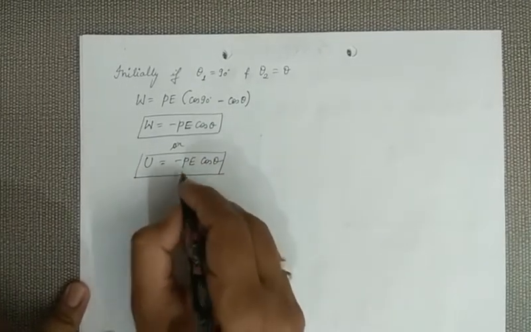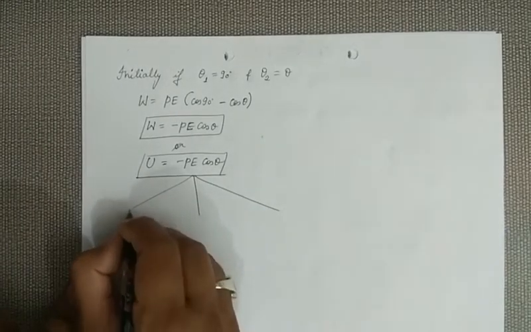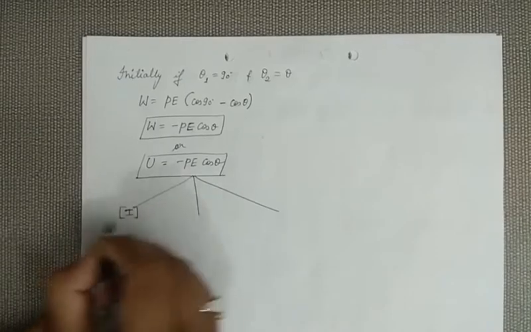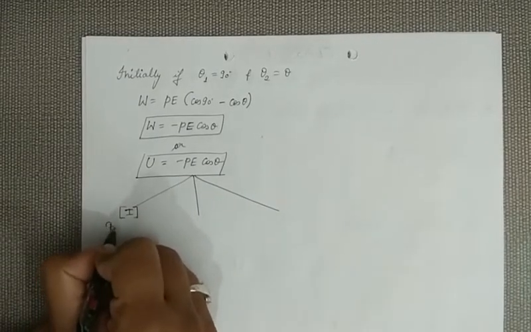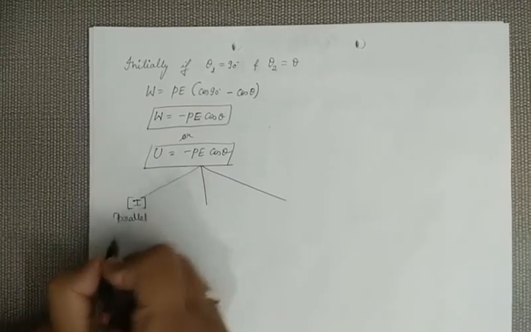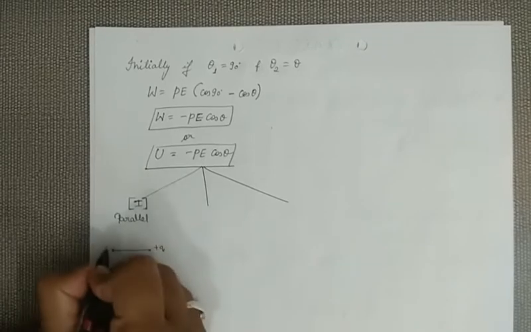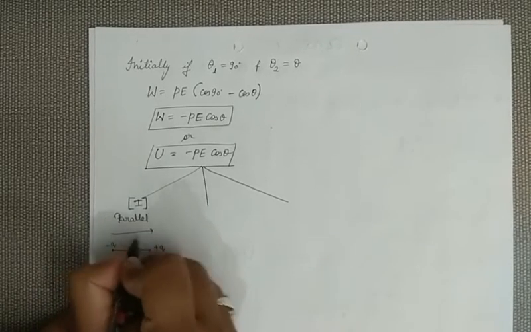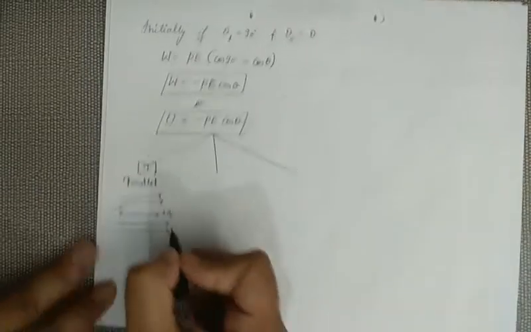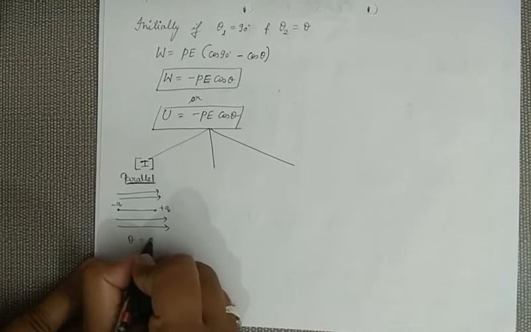So there are three things related to this formula. First condition, if the dipole is placed parallel. Now see, suppose this is my dipole and this dipole is placed parallel in the field. If the dipole is placed parallel in the field, we know that the angle theta will be 0.